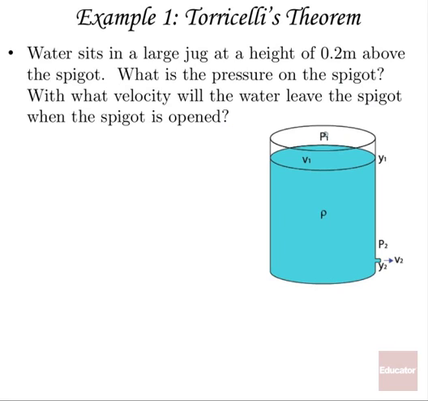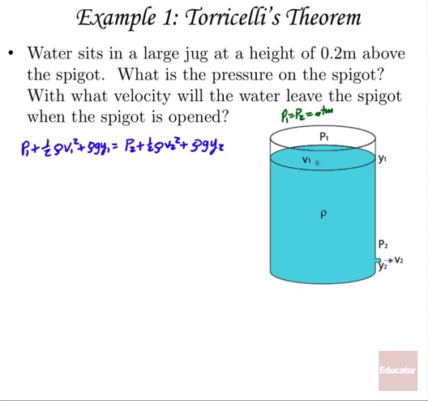Well, the first thing we need to realize is P1 up here and P2 up here are both open to atmosphere. So we're going to say P1 equals P2 is equal to atmosphere. And we're not going to worry about the difference in height compared to the overall atmospheric pressure. That's going to be negligible. Now, as we start to look at this, we'll start by writing down Bernoulli's equation, P1 plus 1/2 rho V1 squared plus rho gy1 must equal P2 plus 1/2 rho V2 squared plus rho gy2.